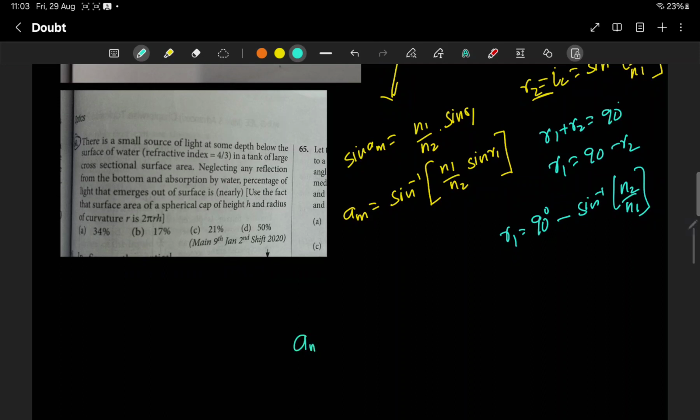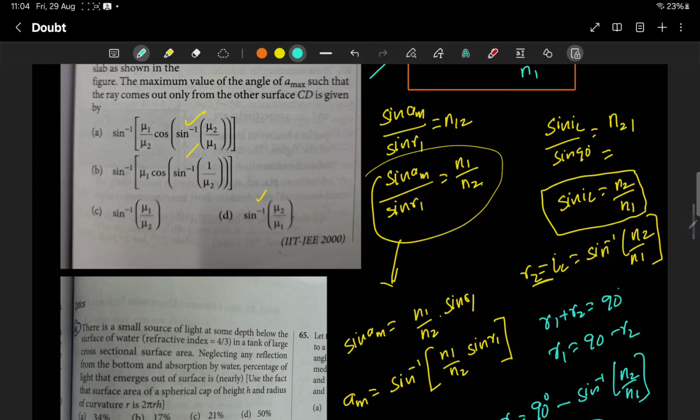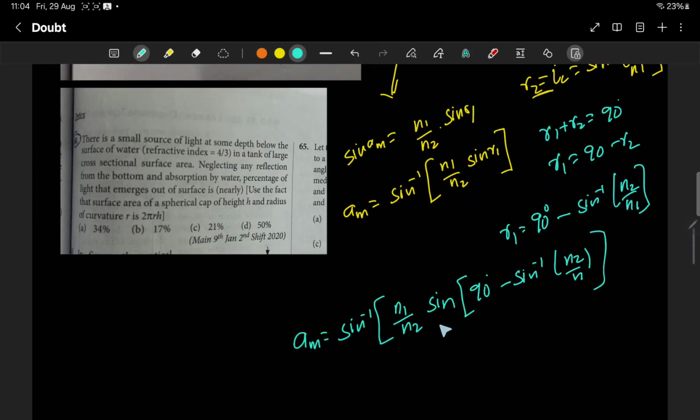So A max is equal to sine inverse of N1 by N2 times sine of R1, and sine of R1 is sine of 90 degrees minus sine inverse of N2 by N1. Still here we don't have any 90 degrees. So sine of 90 minus theta is cos theta.